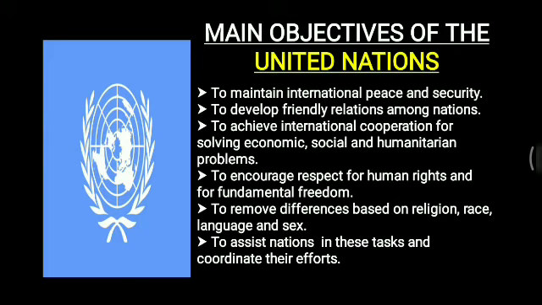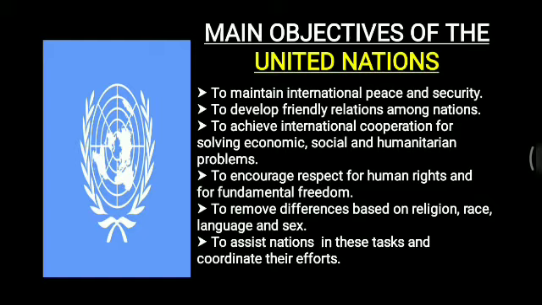Let's move on to the main objectives of the UN. The main objectives are to maintain international peace and security, to develop friendly relations among nations, to achieve international cooperation for solving economic, social and humanitarian problems, to encourage respect for human rights and fundamental freedom, to remove differences based on religion, race, language and sex, and also to assist nations in different tasks and coordinate their efforts.